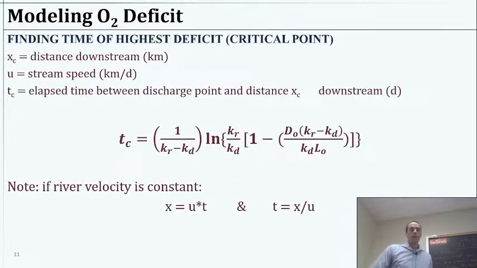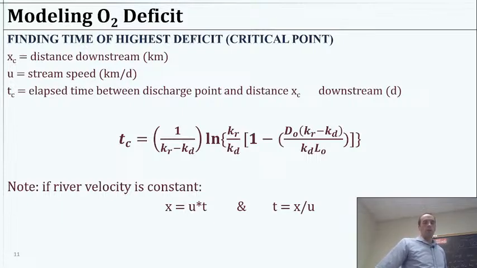So we could rearrange and find a maximum for that D to get this critical point. Our book defines this as t critical, tc, or xc, the critical distance. This is essentially the amount of time before we hit that maximum.